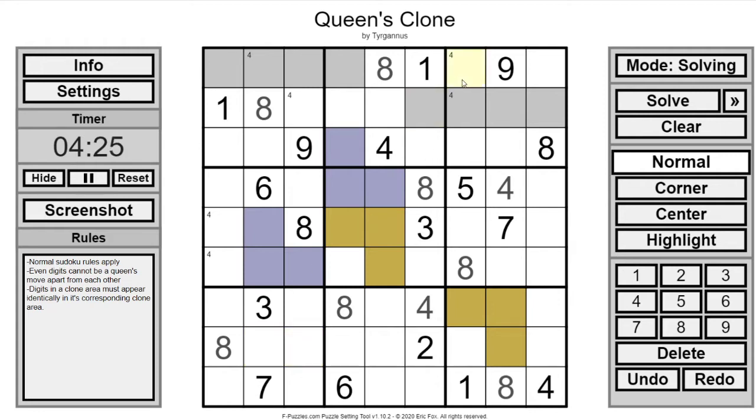Oh right, this 4 rules out that. Which gives all of that. Now we've got a 4 here, which rules out this 4.